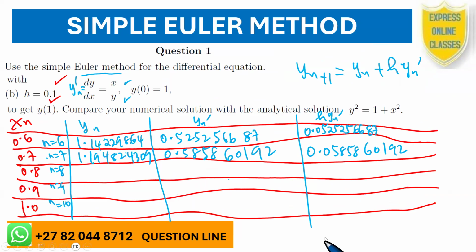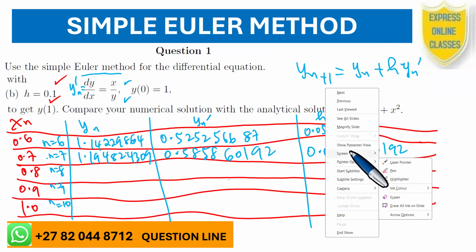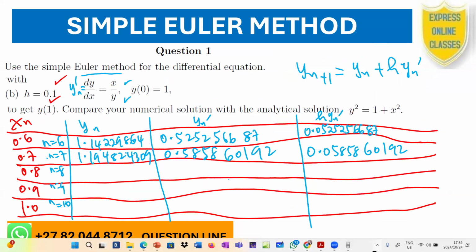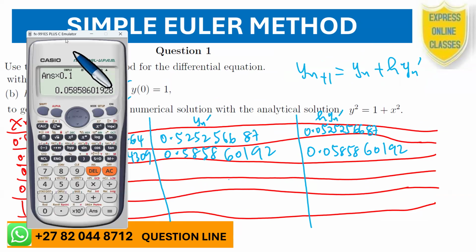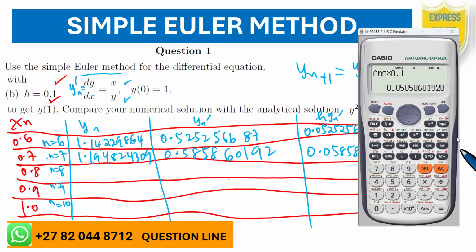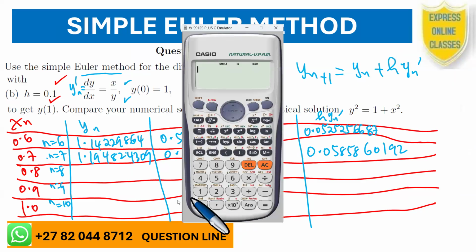So at 0.8, you're going to add yn and h yn prime to get the subsequent yn plus 1. So we have 1.19482.